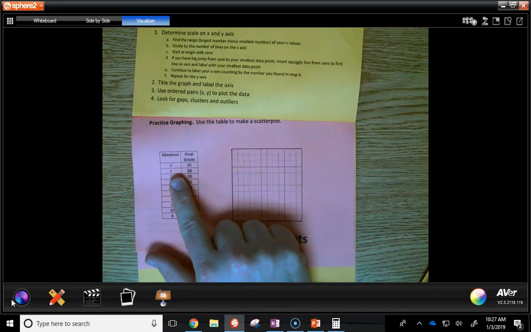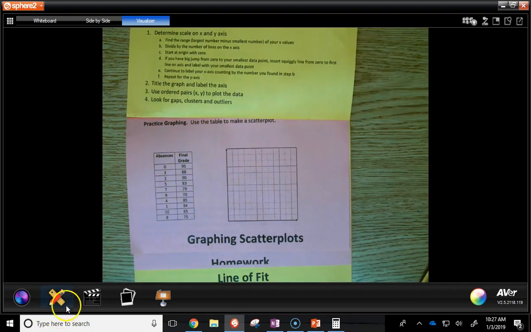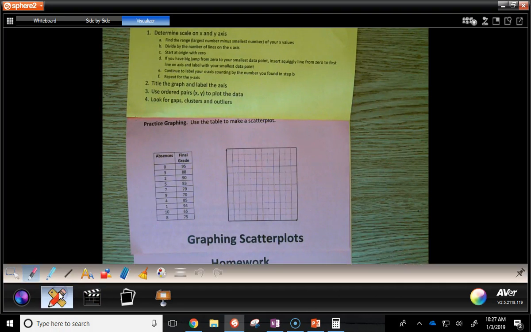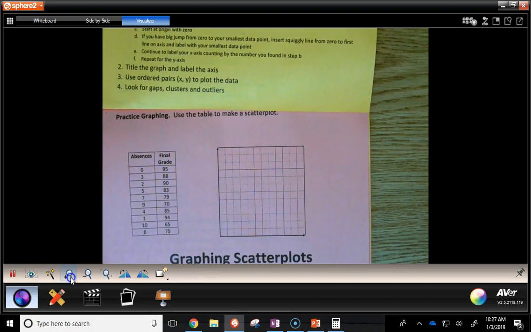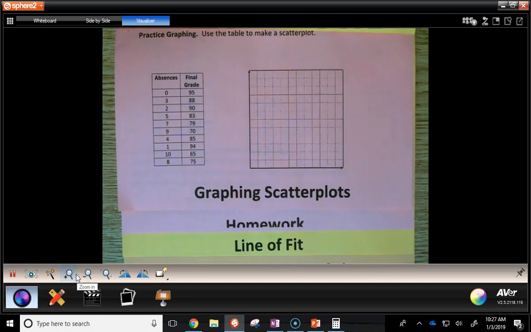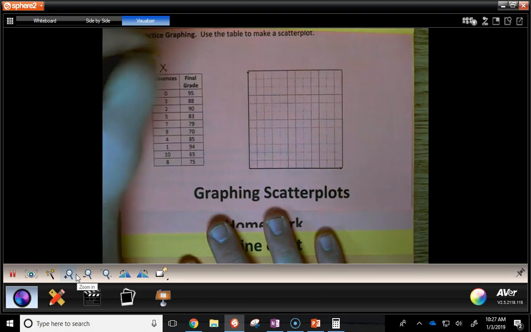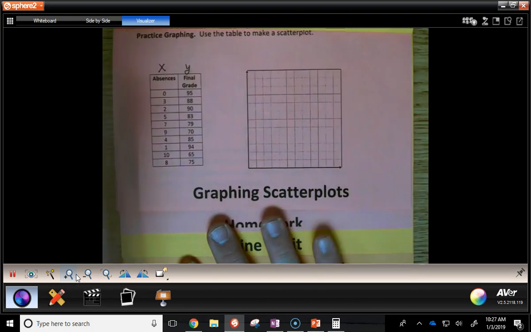On here, it says absences in final grade. Let me get onto this. All right. So when I have a table of information, the one on my left is going to be my x-axis, and this one is my y-axis.